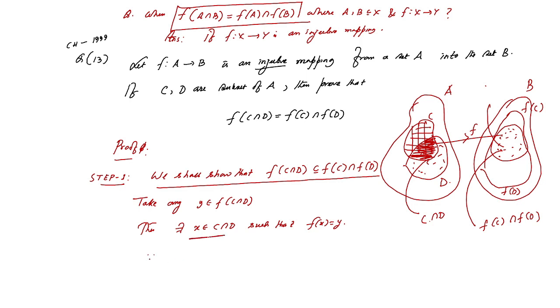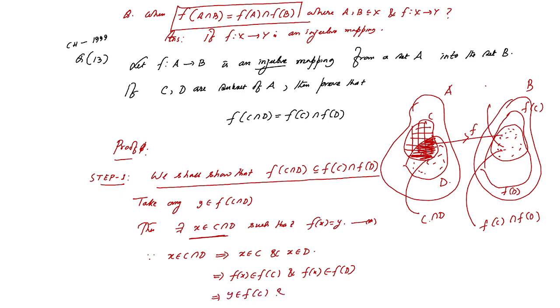Now since x belongs to C intersection D, that means x belongs to C and x belongs to D. That implies fx belongs to f of C, and also fx belongs to f of D. So fx means y. So that implies y belongs to fC and y belongs to fD.